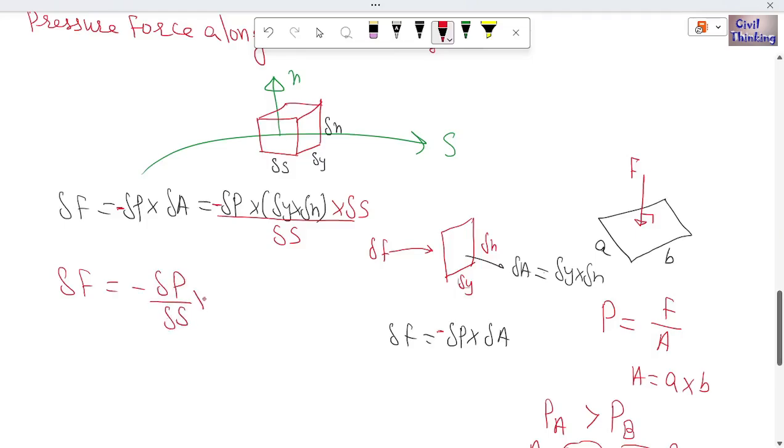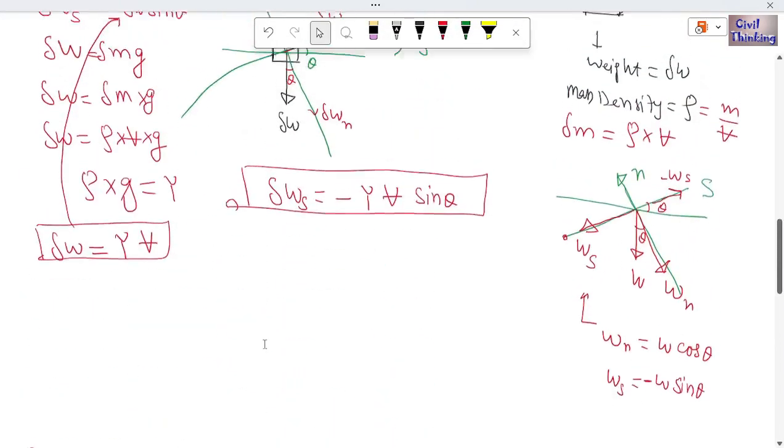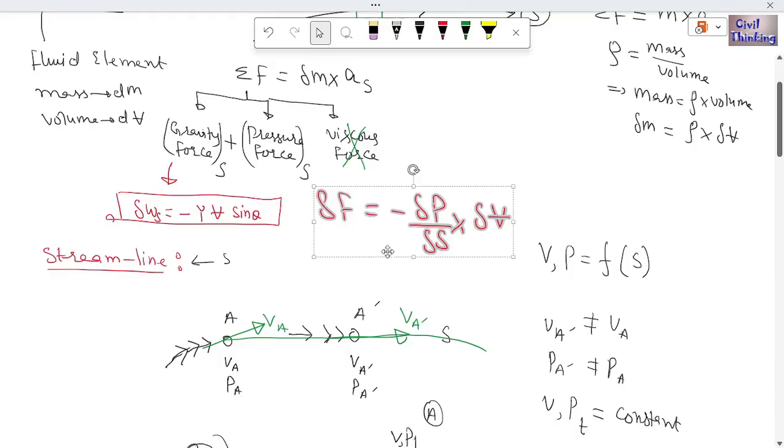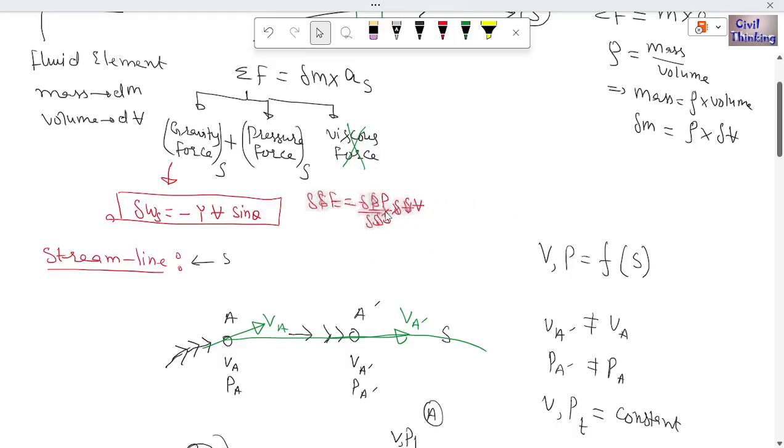now what is this? This is the multiplication of three sides of a cube, and that is the volume. So it is delta V. So we got this equation, and we also got the other equation due to pressure.